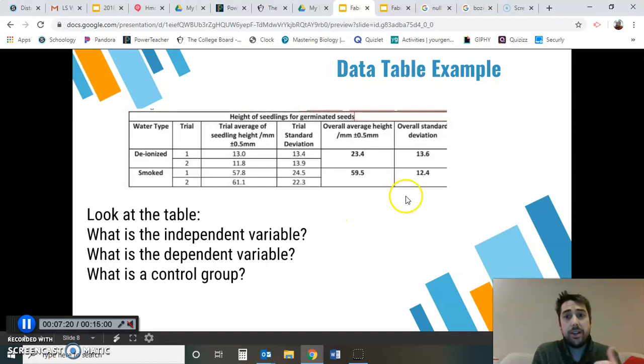But we would just say as a claim that when we changed the water type, then we had an average height increase because of the presence of carbon in the smoke that was introduced into the environment that the plant used for growth, right? If I'm just going to try and make a claim and a justification.